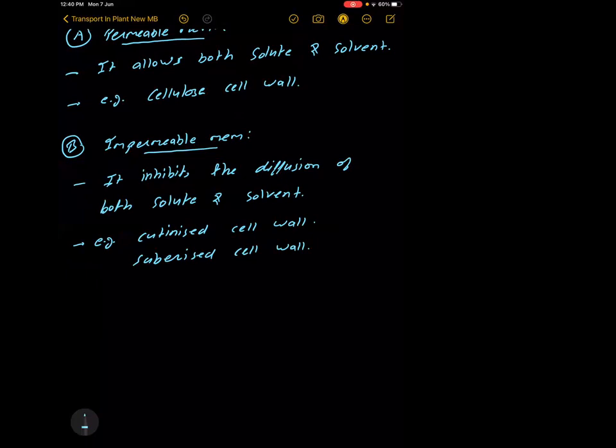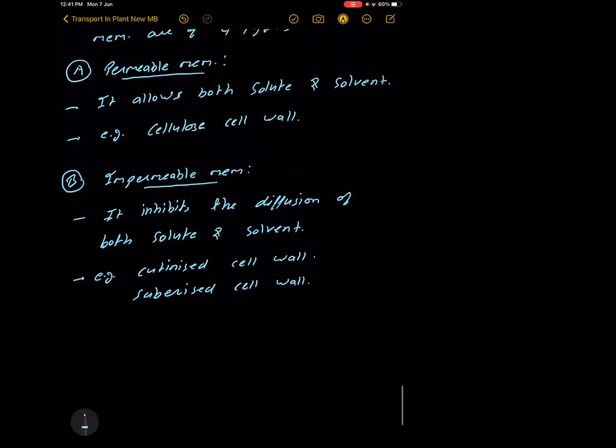Cutin is part of it, but other materials are also present, pectin and hemicellulose. So they allow material; it is not completely cutin. But other plants, angiosperms, have cutinized cell walls, and if a cutinized cell wall is present, it doesn't allow. So these are two.